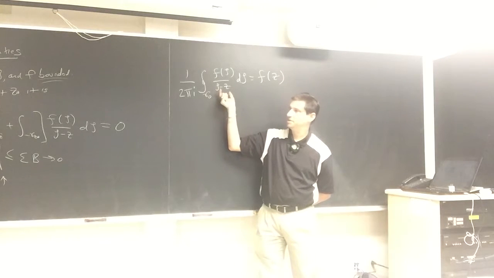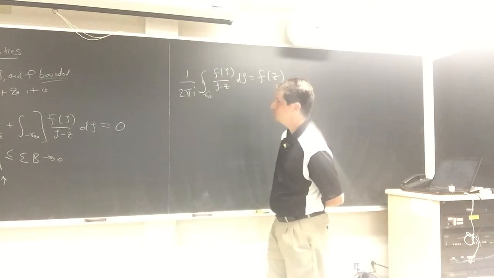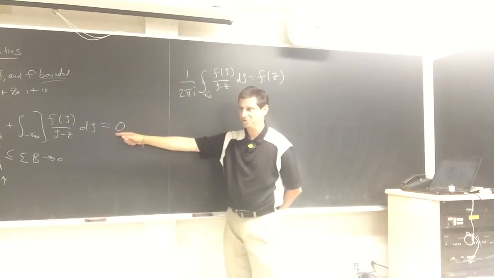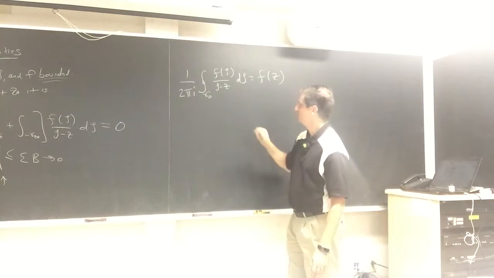Does this integrand make sense for all values? Yes? Does there need to be a minus sign on one side of that equation? No, because we had the integral over the oppositely oriented curve, and then we move it over to the other side, and the minus sign is absorbed.